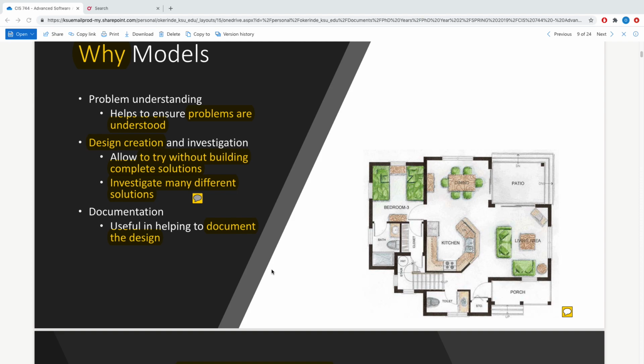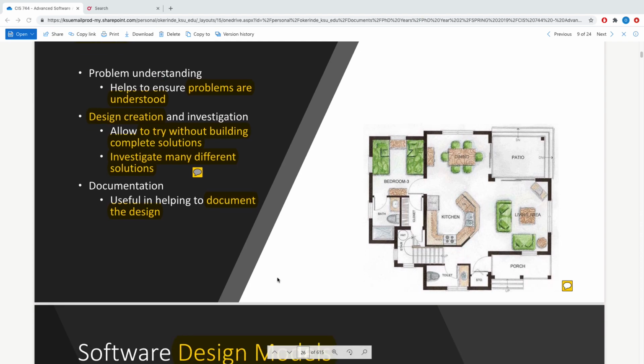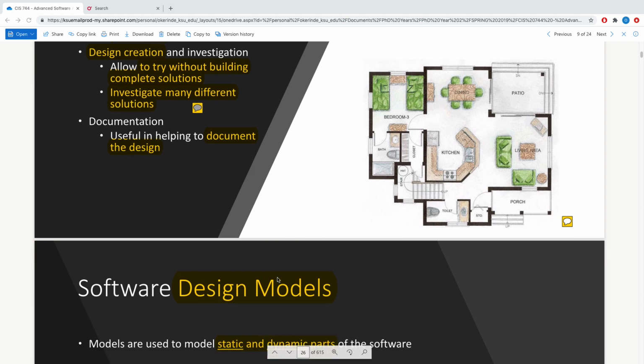That is, when we need to begin to draw out a layout, the models allow us to try without building complete solutions and to investigate various approaches of solving the same problem. And it's also helpful in documenting the design.